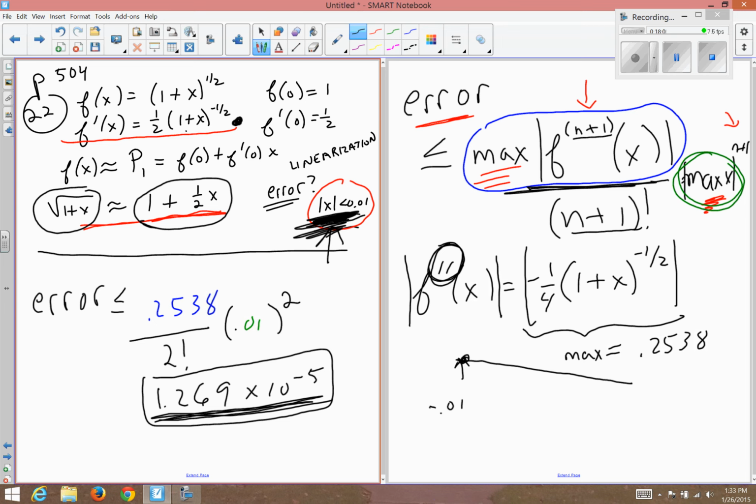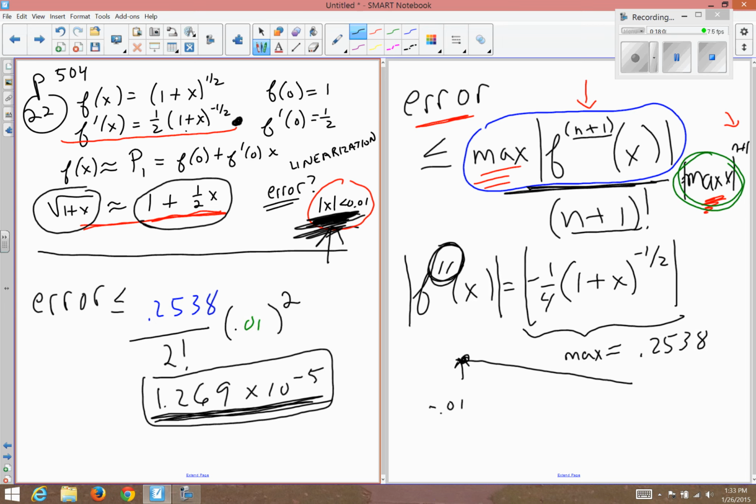But if you continue reading, it says k is 3, so I'm going to put that in right away. Use the Taylor polynomial of order 2 to find the quadratic approximation of this function at x equals 0.